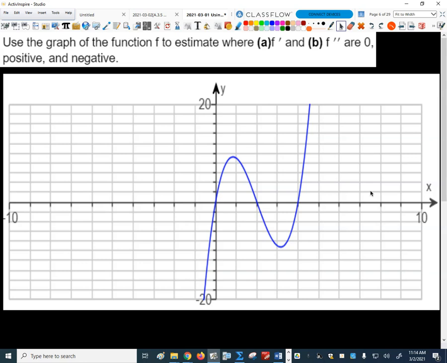Just roughly. Maybe we can go faster on this one. This one's pretty easy. Where's the first derivative positive? Go ahead, Seth. Negative infinity to like 3/4, and then 3 1/4 to positive infinity.